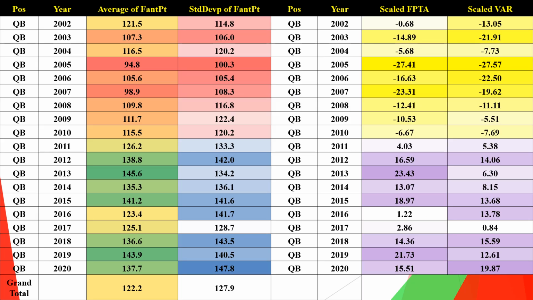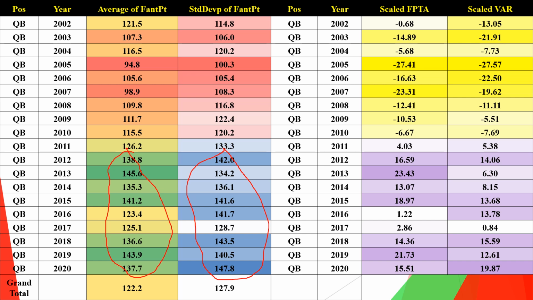And we have the average fantasy points, the standard deviation, or pretty much a measure of the variation. And we've seen more points recently, but more variation. So again, there's nothing here with early quarterback drafting that's supported by that.